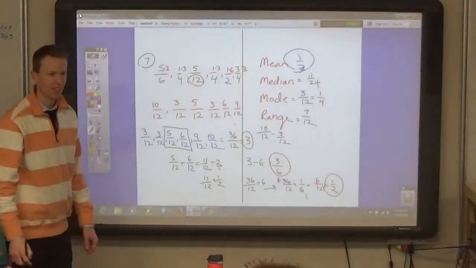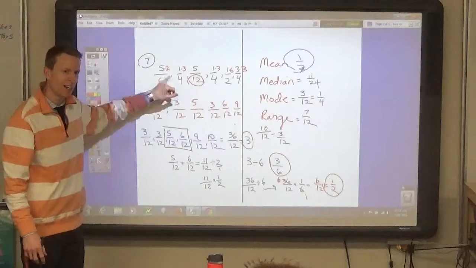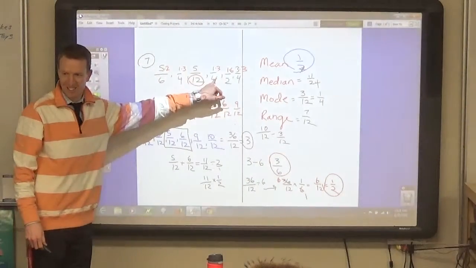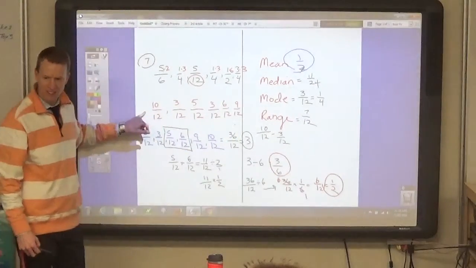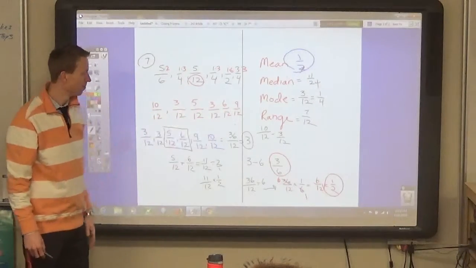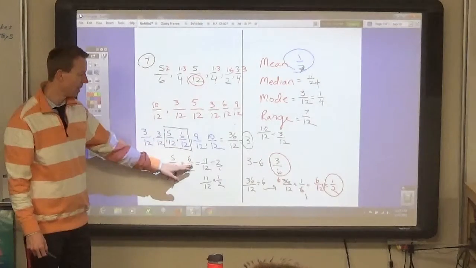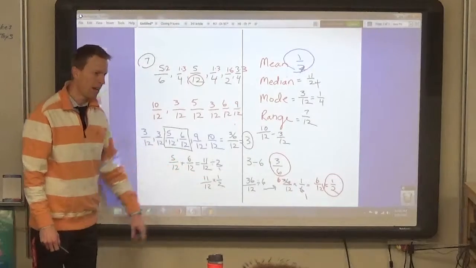Very good. You can do this. I know that some of you were looking at these fractions like, oh. Did we do anything that was difficult? No. You all know how to convert it to twelfths, right? You can add 5 twelfths plus 6 twelfths, and then times it by 1/2.